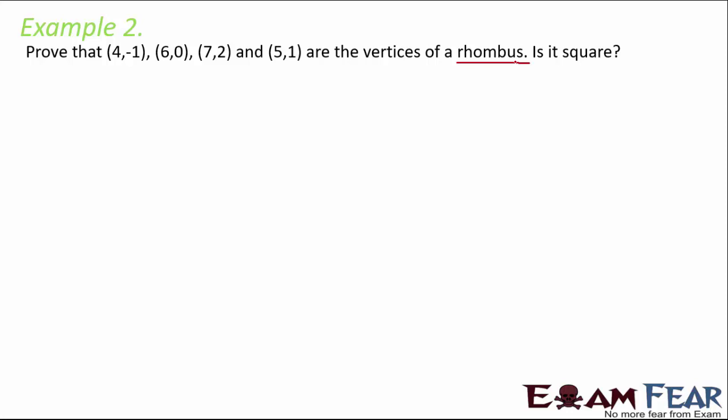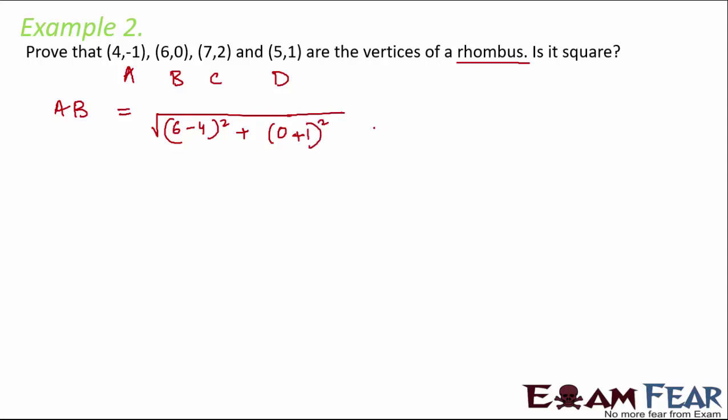First we have to prove that this is a rhombus, and in order to prove that, we need to find the lengths of the sides. Let's suppose this is point A, this is B, this is C and this is D. Using the distance formula, we find the length of AB, the distance between points A and B, which is equal to root over (6 minus 4) whole square plus (0 minus minus 1, that is plus 1) whole square, which is equal to root 5.